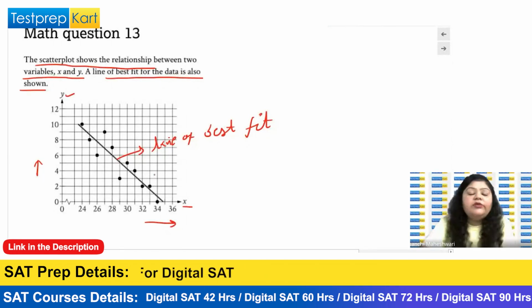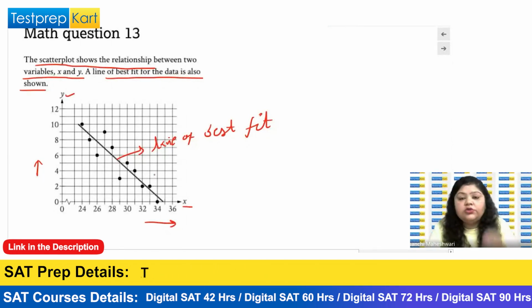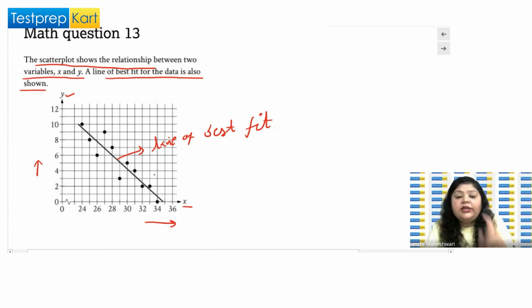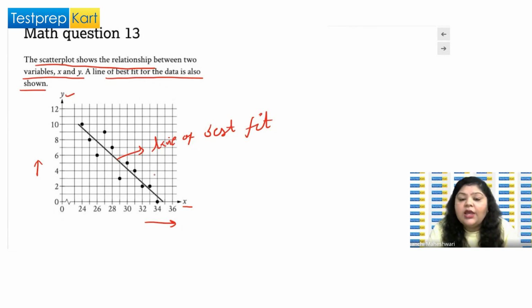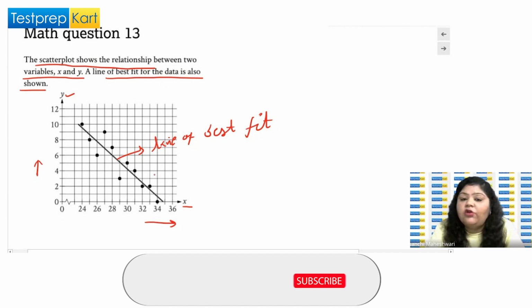Always remember, whenever it's a scatter plot, the dots represent the actual data, and the line of best fit is like their best interpretation. Like if we take the average value of all these corresponding data and join those average values, that would form the line of best fit.